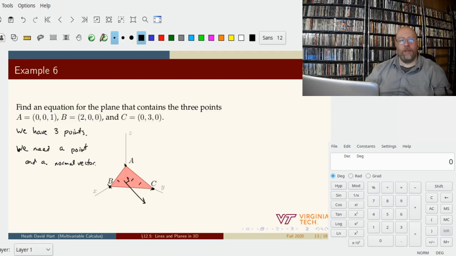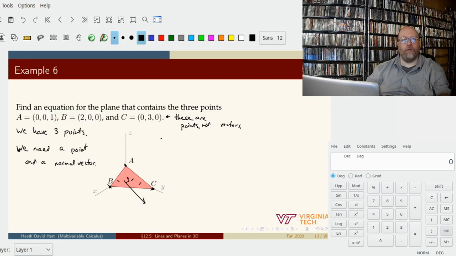So here's how we're going to get that. We're going to take 2 vectors on this triangle here and calculate their cross product. Okay? So it doesn't matter which 2 vectors we pick, but remember, these are points and not vectors. The vectors will be the vectors that go between the points.